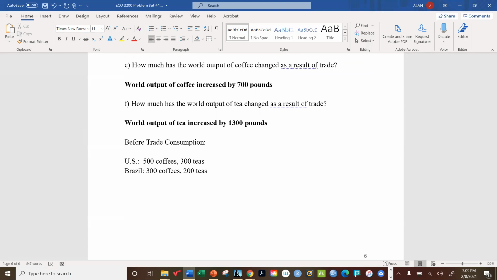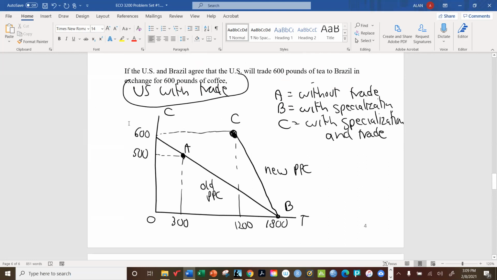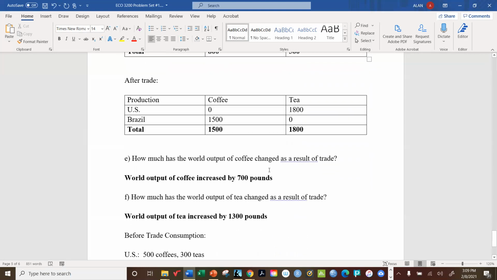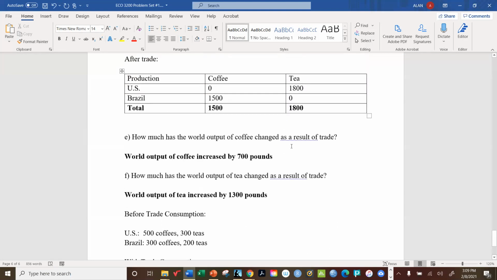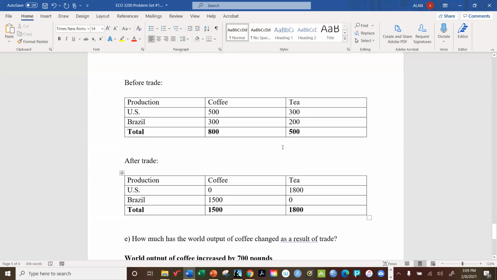Now, with trade, the US is now able to consume, here we go, 600 coffees and 1,200 teas. Whereas Brazil is now consuming 900 coffees and 600 teas.